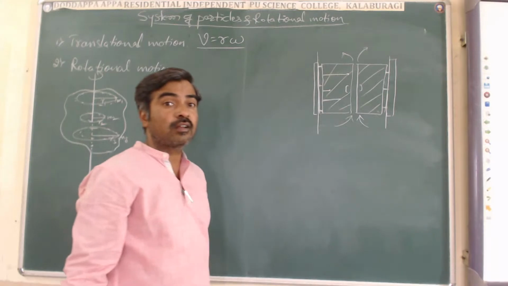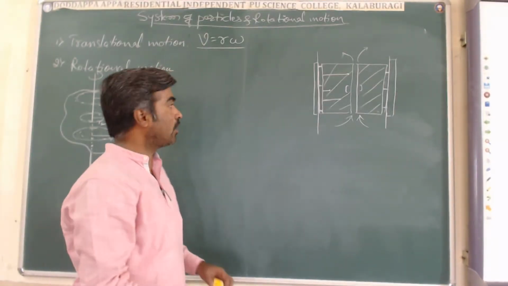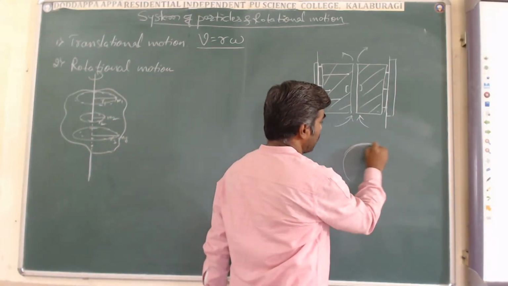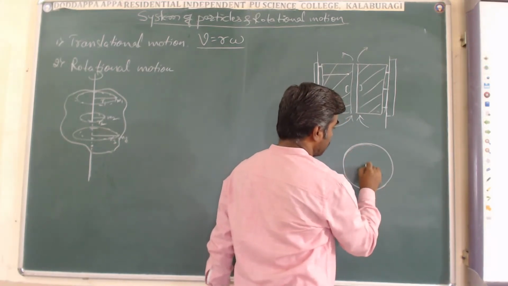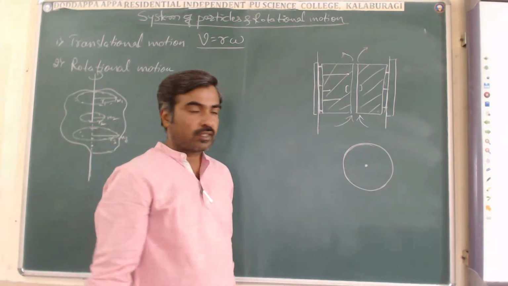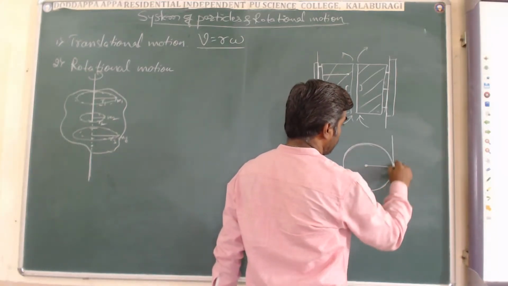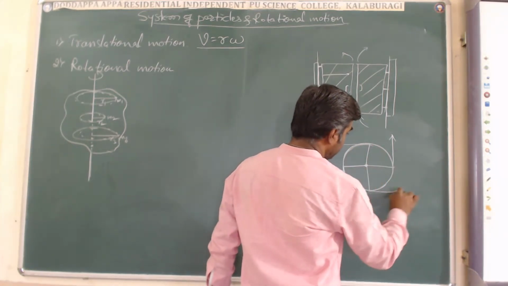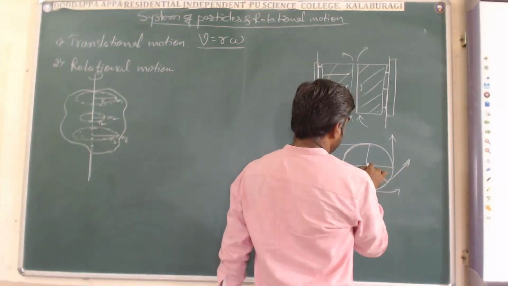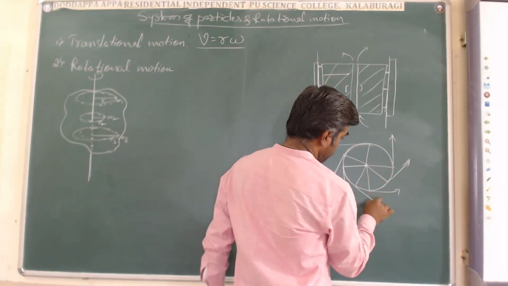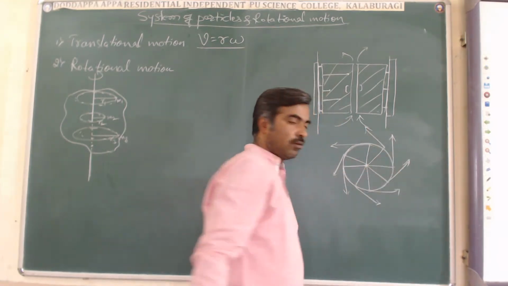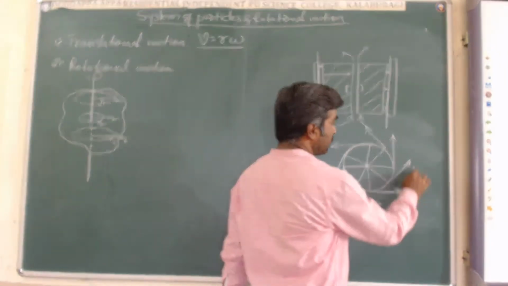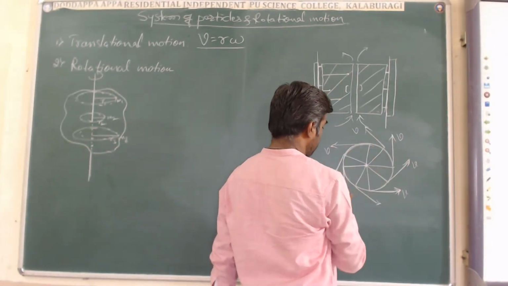Hence, when I consider the linear velocity of such particles, we are talking about the linear velocity with respect to the fixed axis of rotation, which is a center. With respect to the fixed axis of rotation, if the wheel rotates in the anticlockwise direction, like this, if the wheel is rotating, the tangents with an arrow mark that I have here represent the linear velocity of the particle.